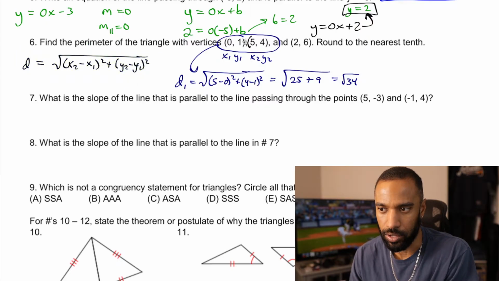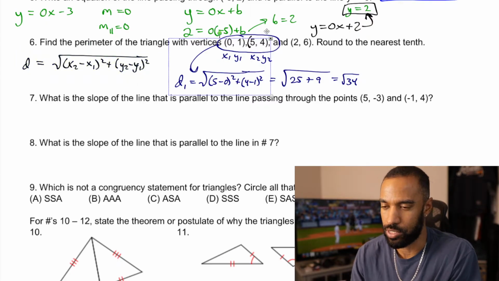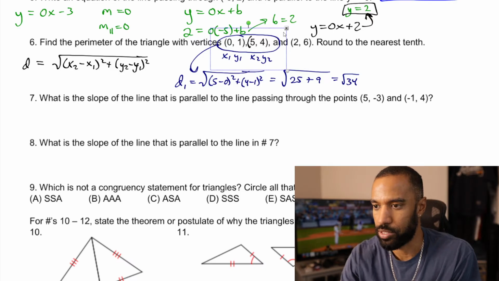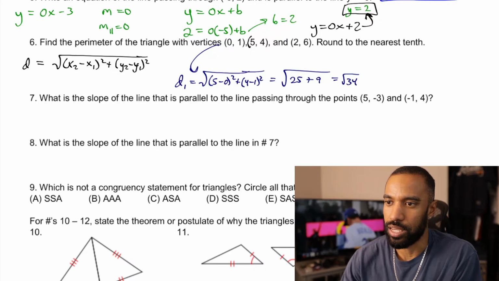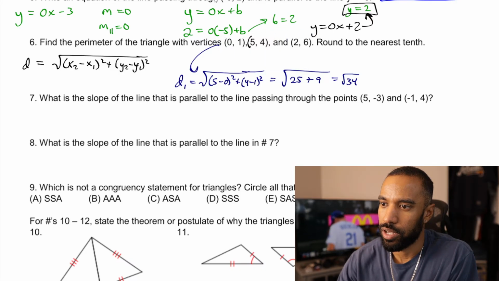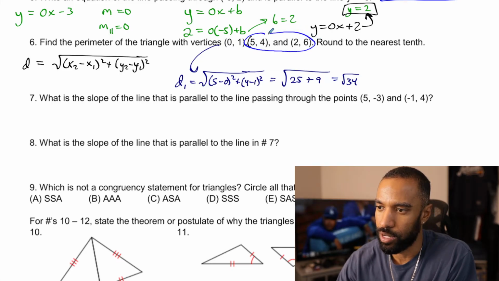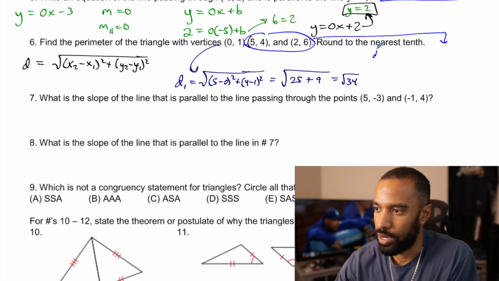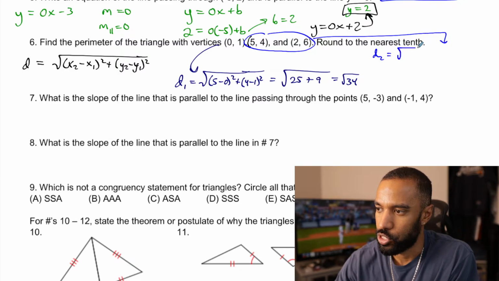This is a triangle here, and that was one of the sets of points that it goes through. What's another set of points that it goes through? Well, let's get another color. It can go through, say, 5, 4, and 2, 6. So we'll have a new x1, y1, x2, y2. So let's check that out.